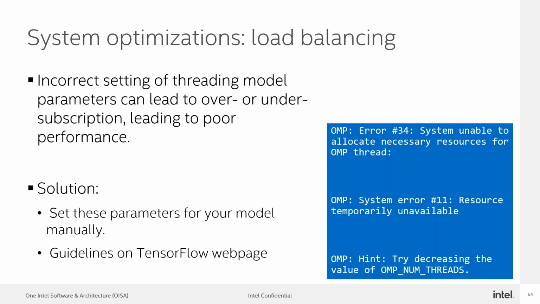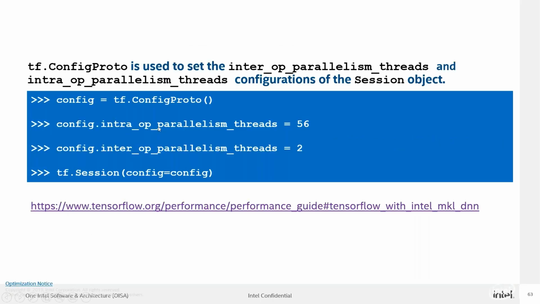And one more thing is that we cannot set these values to just any value. Let's say we have 24 cores, and we want to set the intra-op parallelism threads to 24.